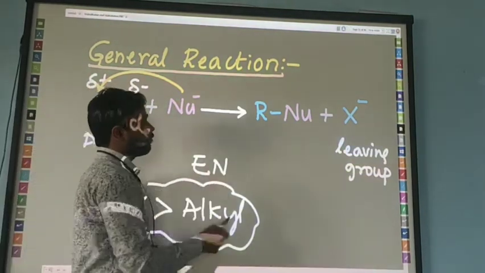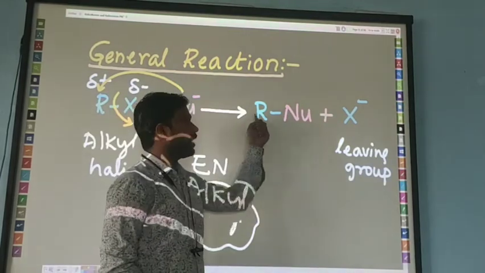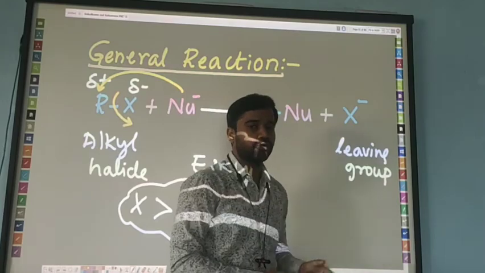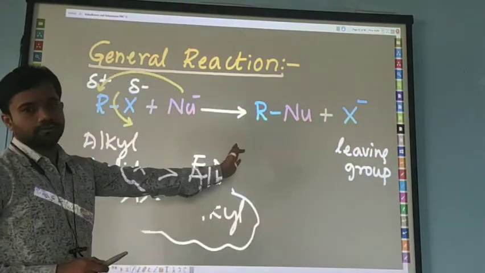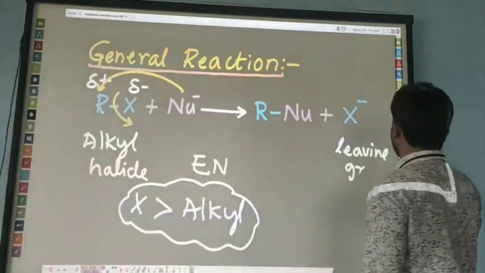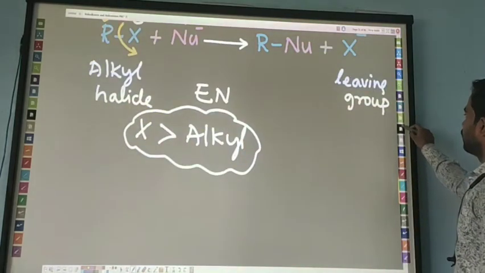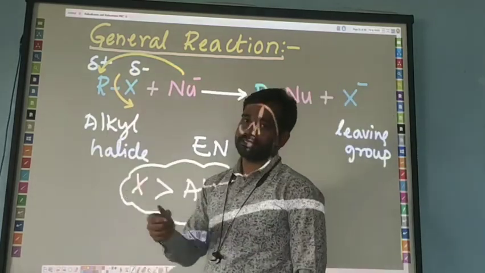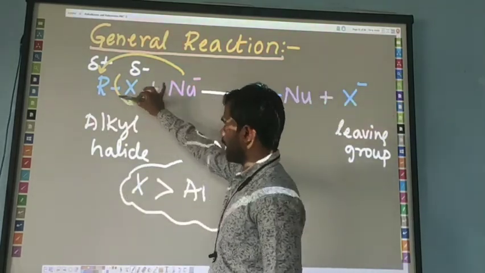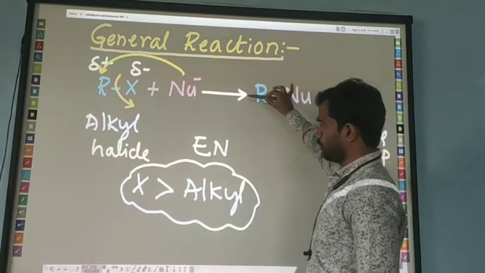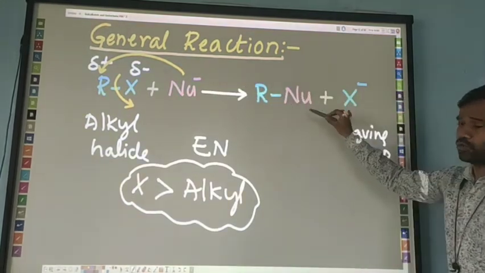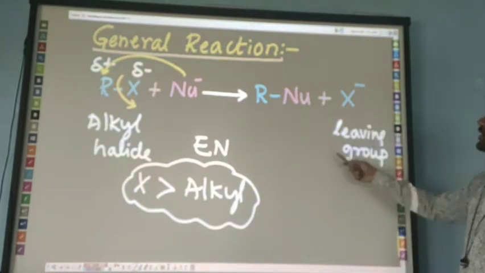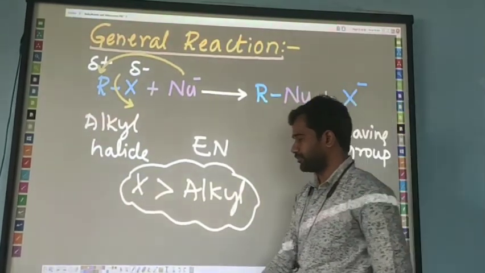There is a formation of a bond between the alkyl group and the nucleophile, and the leaving group, that is the halogen element, leaves. Because we are discussing haloalkanes, the alkyl halide and the nucleophile react to form a substituted alkyl group, and the leaving group is released.